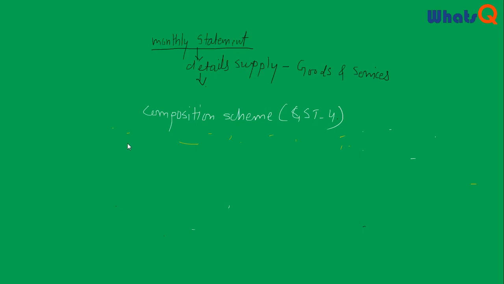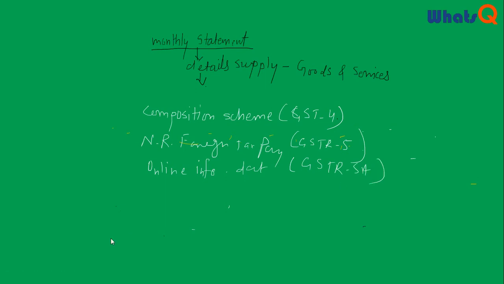Who else need not file GSTR 1? A non-resident foreign taxpayer, who will file GSTR 5. Apart from that, if you are providing online information and database retrieval service, then also you don't need to file GSTR 1, and in that case there will be a GSTR 5A.